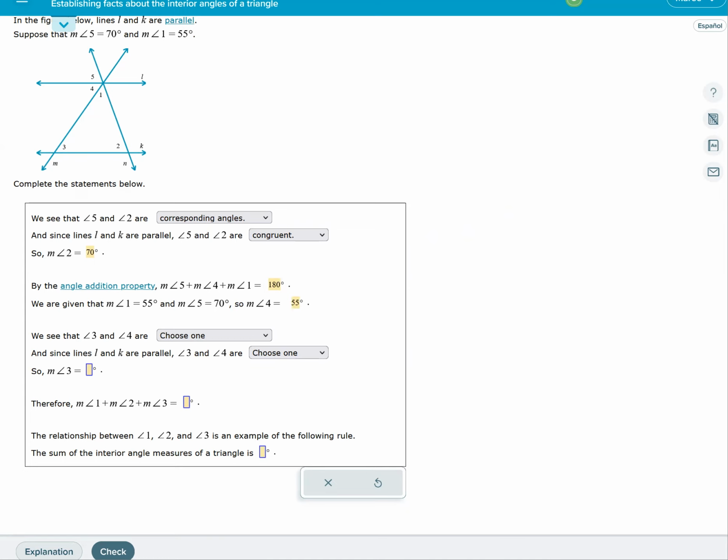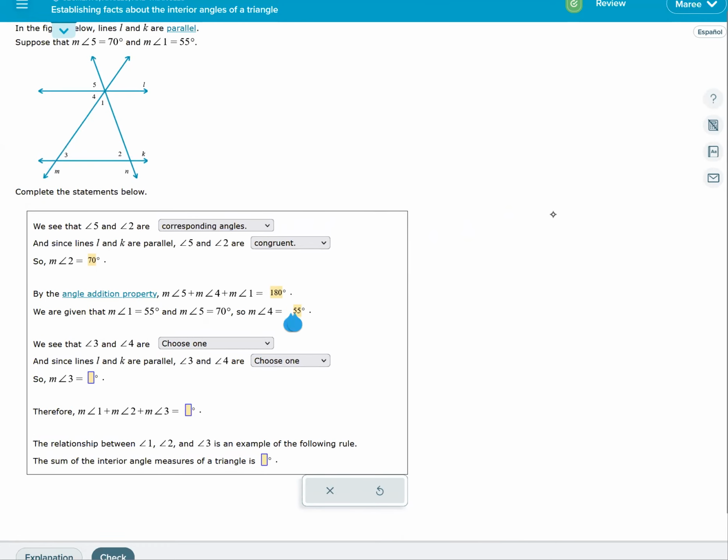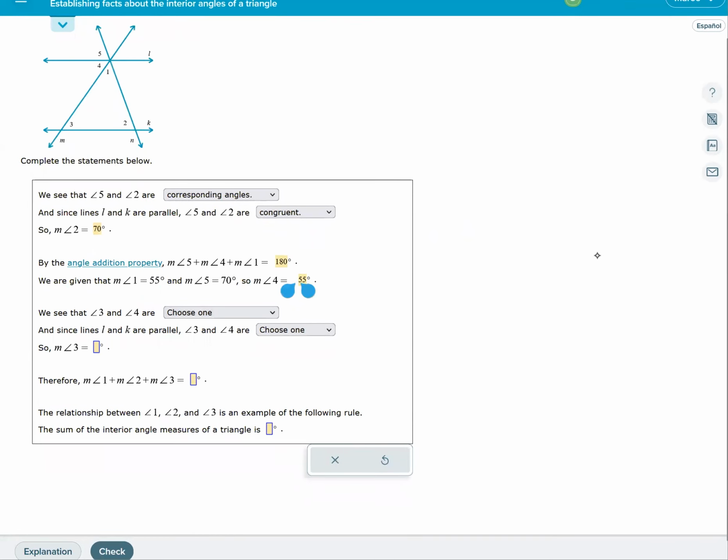Then we're told we can see that 3 and 4. So let's look at our picture. 3 is here and 4 is here. Can you see that they're on alternating sides of the transversal and they're inside the parallel lines? So they are alternate interior angles.